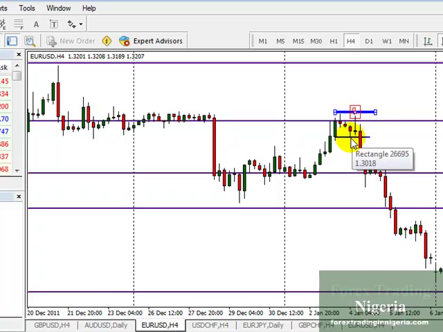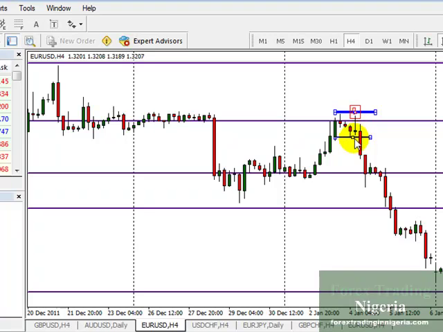This is where we entered the trade, and this is where our stop loss is. We're going to keep our stop loss at the signal bar, and there are 2 scenarios here. One, our stop loss is above the resistance, which is a very good area. It will be hard for the price to hit our stop loss.